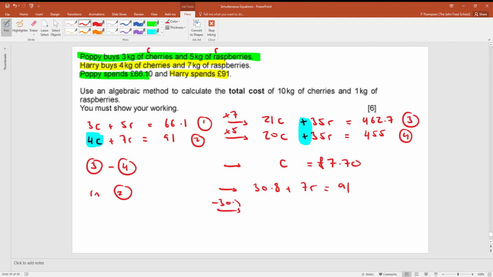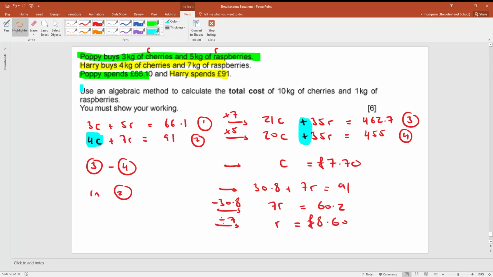Subtract the 30.8, and you get 60.2. Divide by the 7, and you get that 1 kilo of raspberries is 8.6 or £8.60.